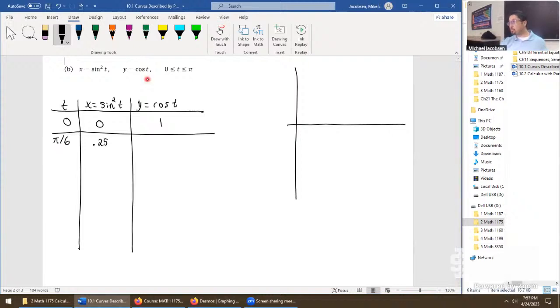Cosine at pi over 6 is √3/2, which is approximately 0.9, rounding to the nearest tenth. Rounding some of these because our goal is a by-hand plot. I don't need the exact figure, I just need the ballpark of where it is on the by-hand plot. Then 2 pi over 6 is pi over 3.